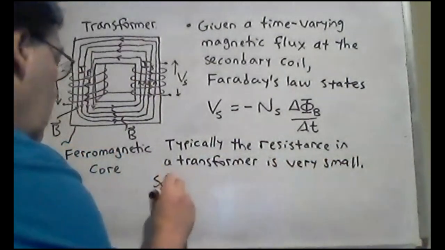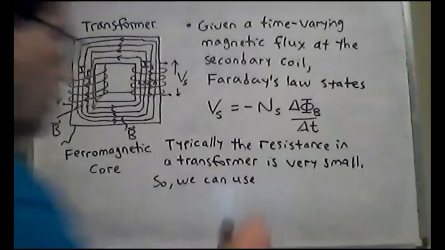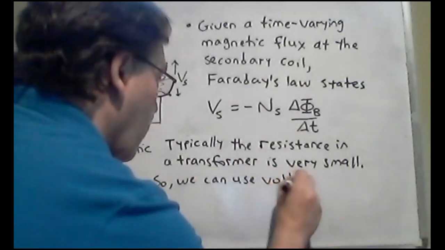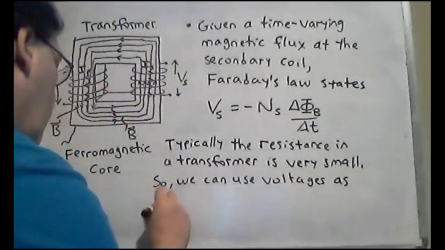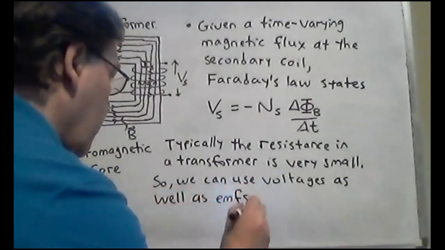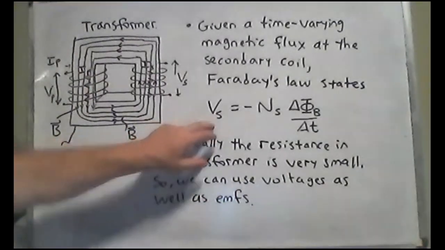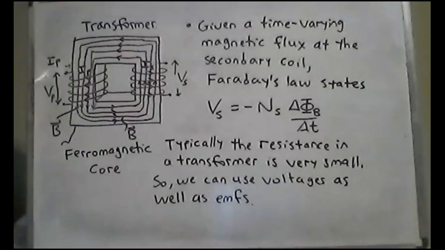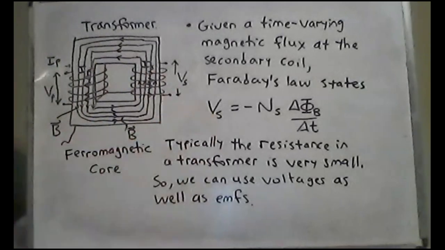So we can use voltages as well as EMFs. In this particular case, instead of epsilon, I can actually write V sub S because it turns out transformers are very, very efficient. The way they're written, you can assume very small resistance. In that case, I can just as well write V sub S. So that is the application of Faraday's law.